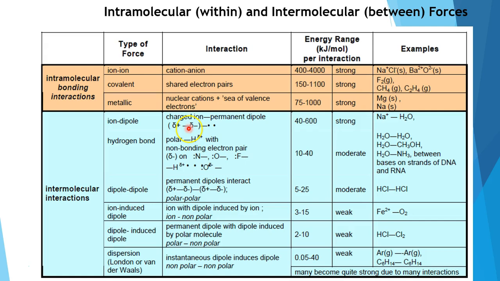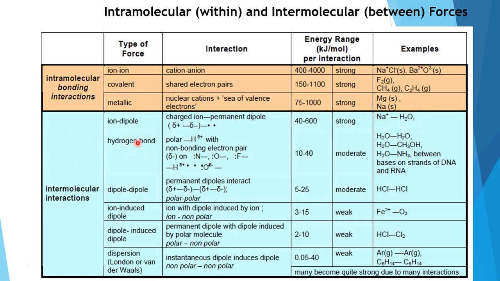So they form a dipole. It's represented here with the delta plus; the lowercase delta means slightly positive or slightly negative. So a charged ion and a permanent dipole can result in a very strong type of force. The example would be here a sodium ion interacting with a water molecule.